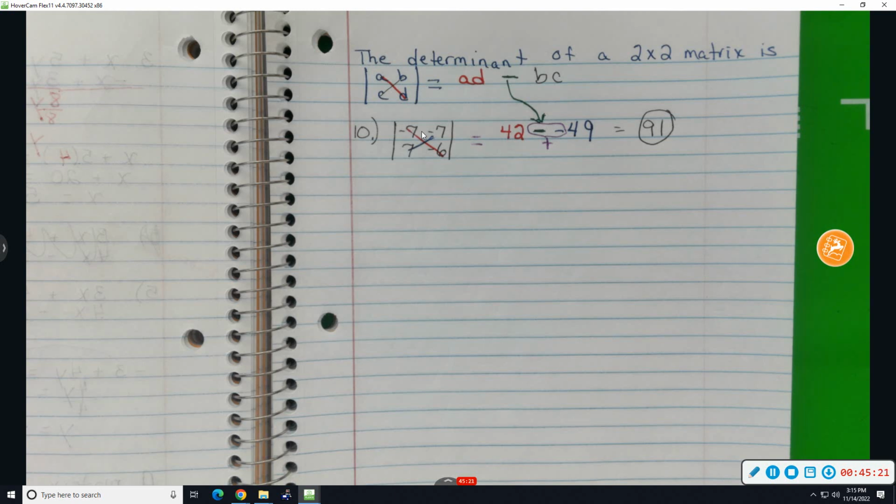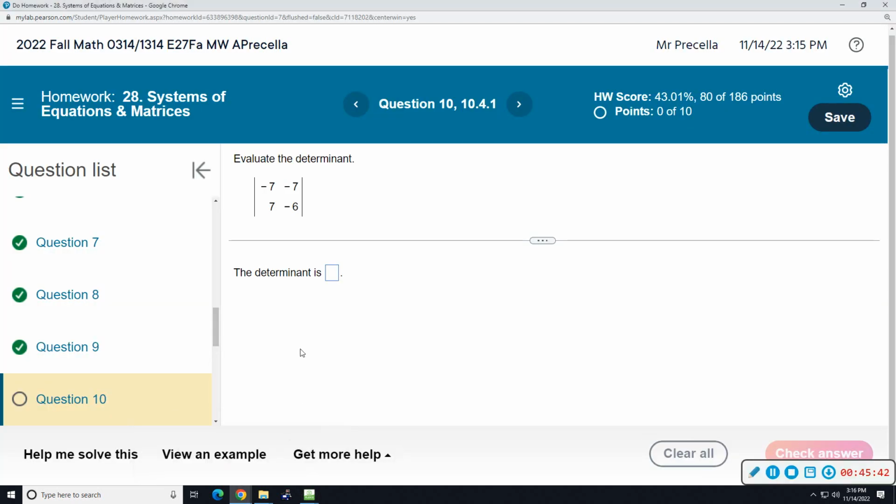So negative 7 times negative 6, that's positive 42. Then the minus from the formula. Negative 7 times 7 is negative 49. So a 91. Let me punch that in.